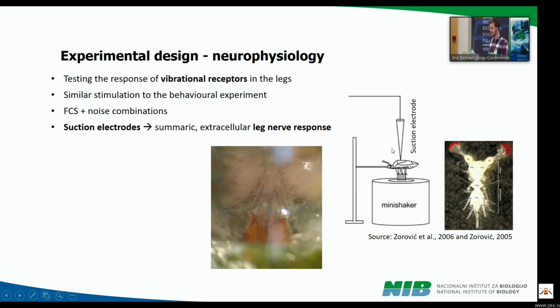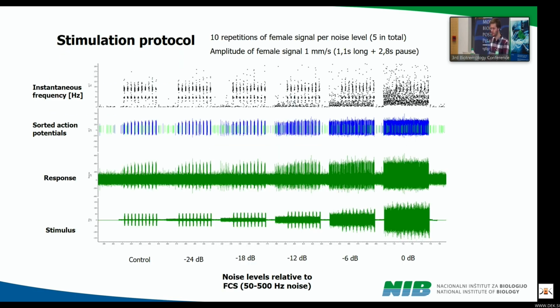Then we have used suction electrodes to measure the somatic extracellular potentials from the leg nerves, and the legs were fixed to the mini shaker and stimulated with female calling songs and different noise combinations. For the stimulation protocol, we have used the same bandpass noises, but we have expanded the amplitude range from -24 decibels to 0 decibels.